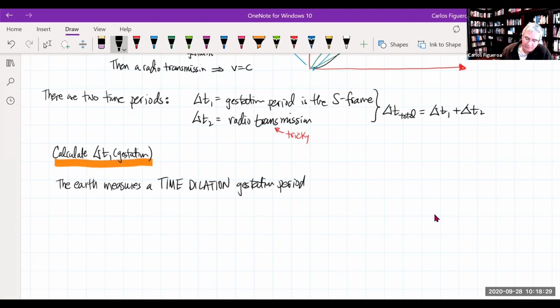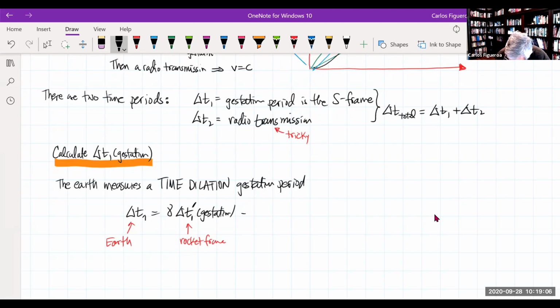Why? The elephant is moving relative to the Earth. So in the Earth's frame, we know that delta T1 must be gamma delta T prime 1, which is the gestation period. This is in the rocket frame, and so the Earth frame is going to tell us that it has to be time dilated.